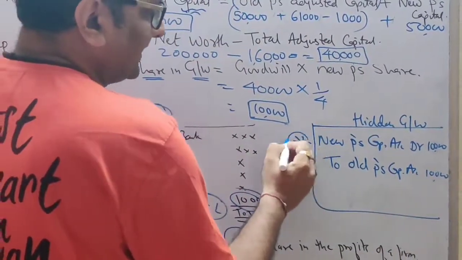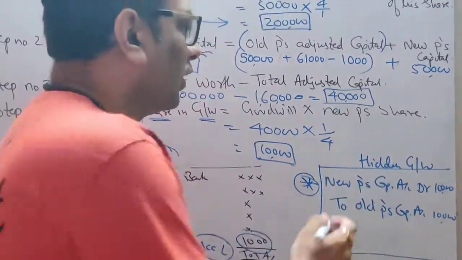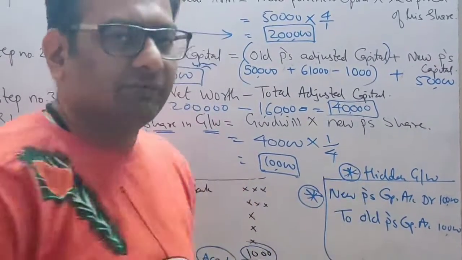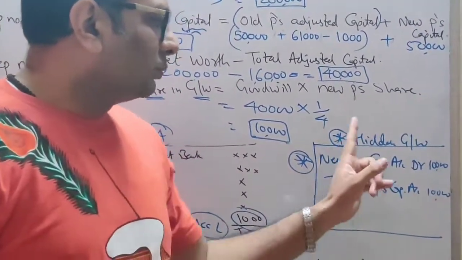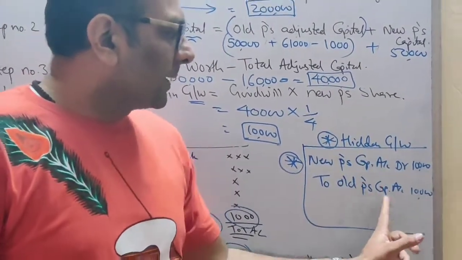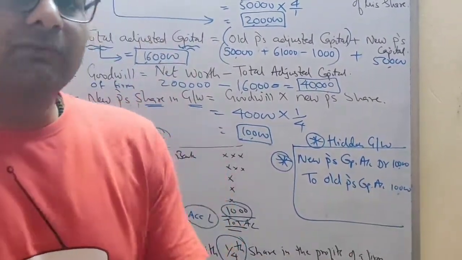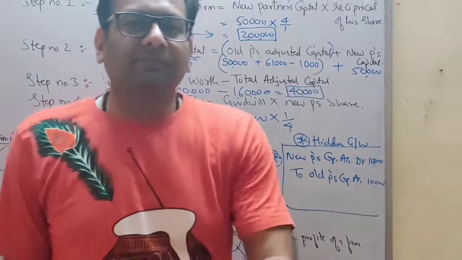So this is the entry to record hidden goodwill. Whenever hidden goodwill is given in the sum, this is the entry to record: new partner's capital debit to old partners' capital account, with whatever amount you get in that respective sum.